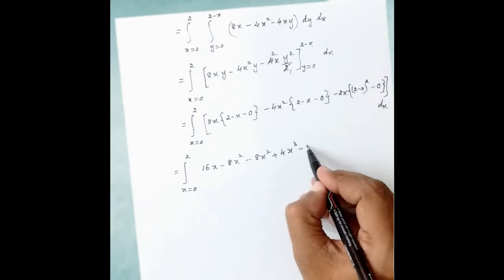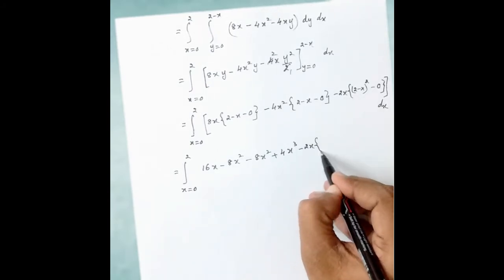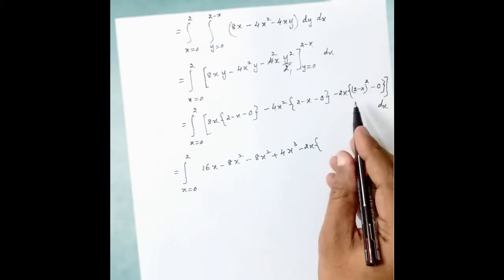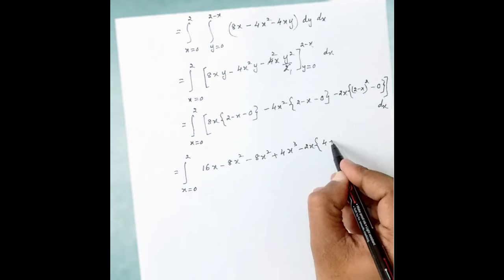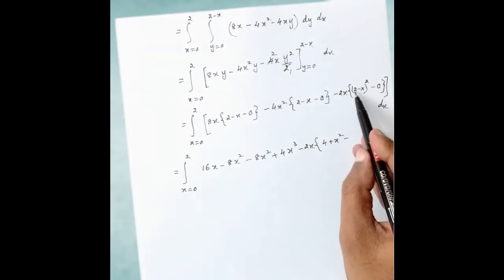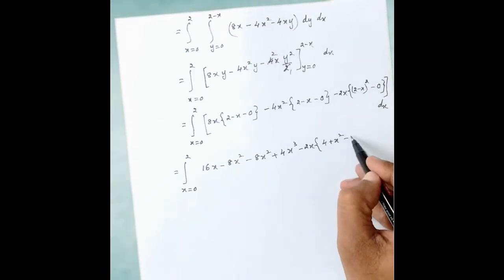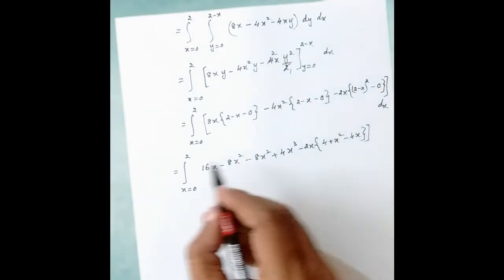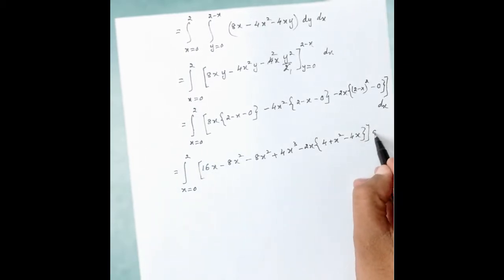Then over here it is minus of 2x as it is. Here because it is in the form of a minus b whole square, you can expand it. A square, 2 square will be 4 plus b square will be x square minus of 2 times of a into b. So 2 times of 2 will be 4. So 4x will be getting times of dx.